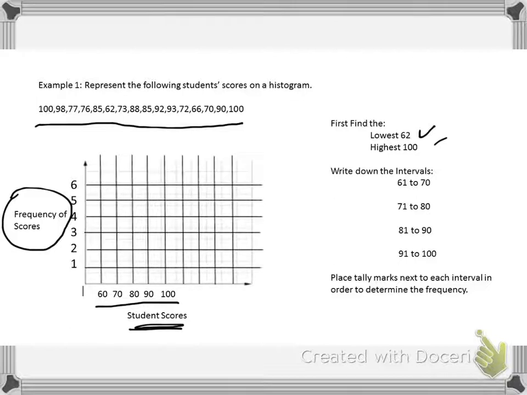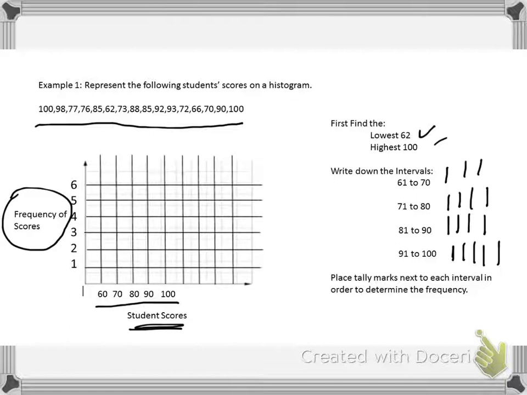My first number is 100, so that goes there. 98 is another tally mark there. 77, 76, 85, 62, 73, 88, 85, 92, 93, 72, 66, 70, 90, and another 100.